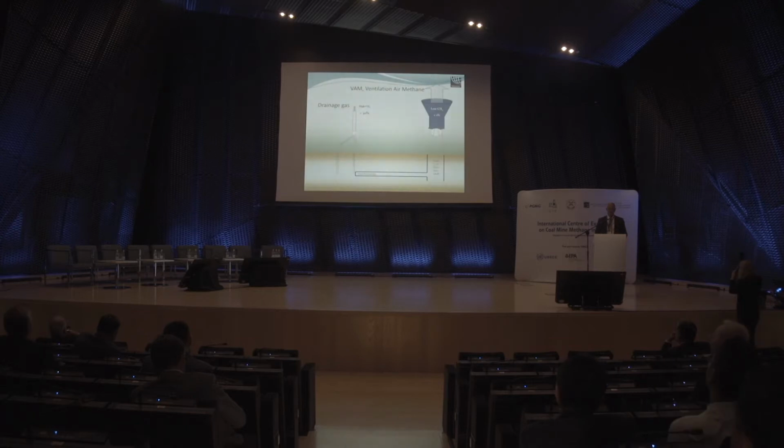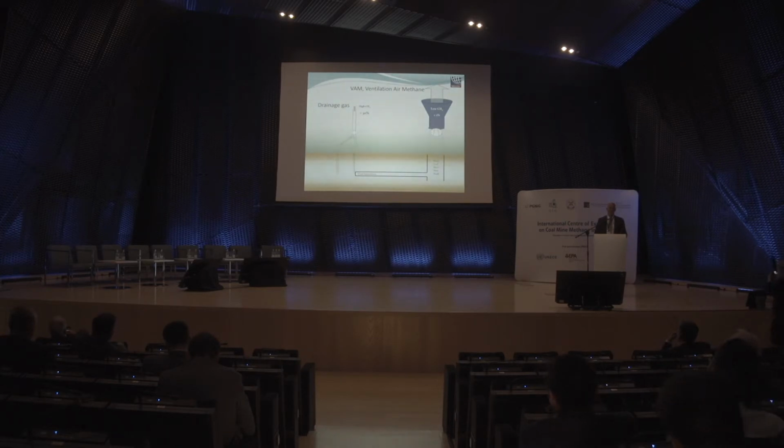So this is a principal image where you have the drainage gas before the excavation, and there you can have very good concentrations, meaning 30% or higher, and that is easy to use for, for example, generation of electricity. But then you have the large volume, and we're talking like 70% of the total volume coming up in the ventilation shaft in extremely low concentrations.